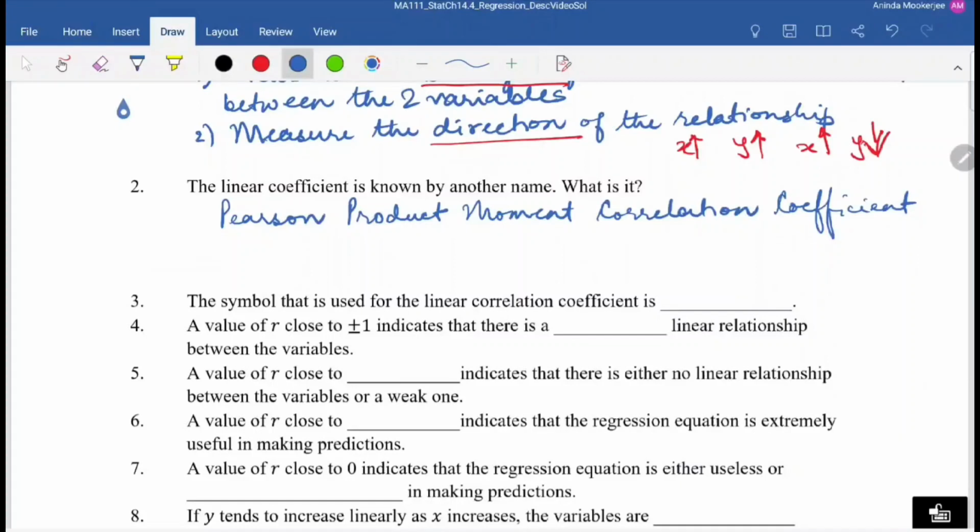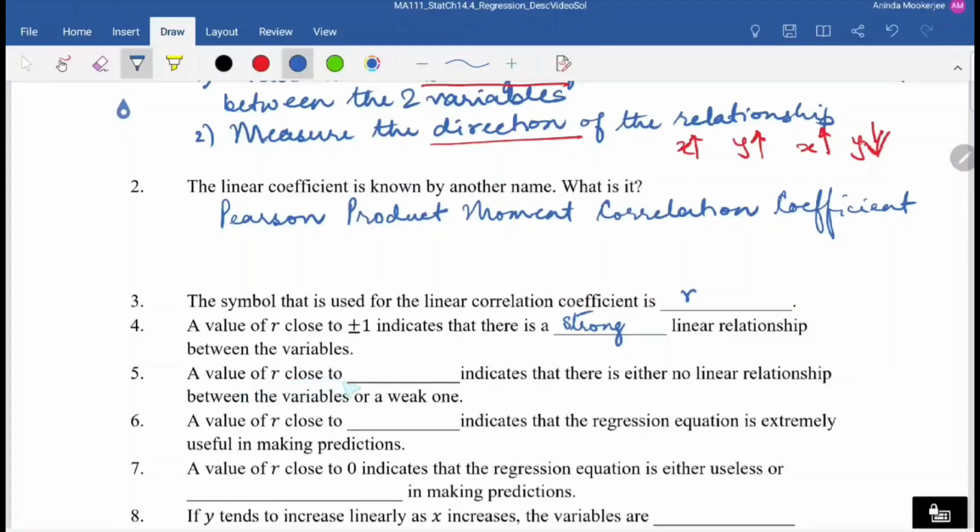Now question number 3 says the symbol that is used for the linear correlation coefficient is the small letter R. R squared is used for the coefficient of determination, whereas R is used for the correlation coefficient.